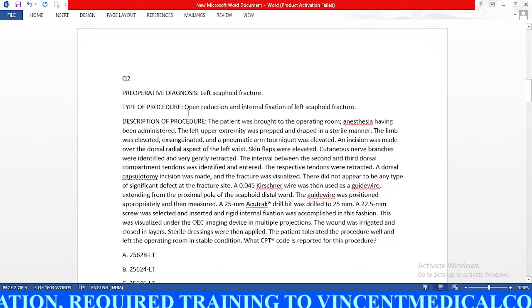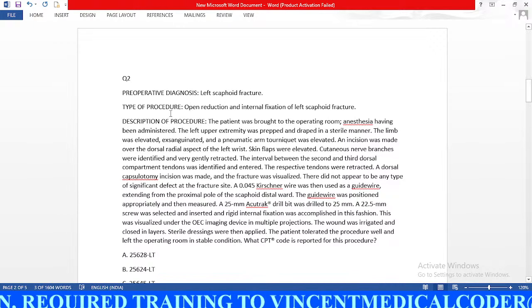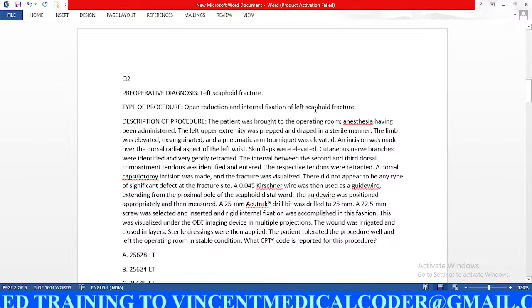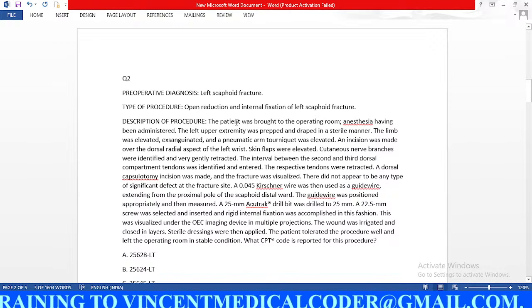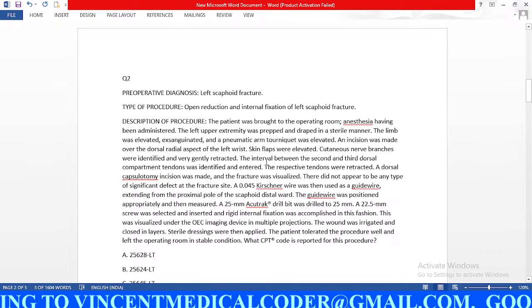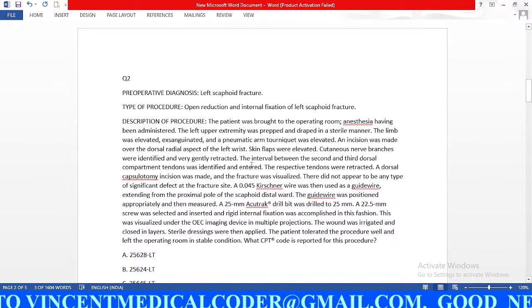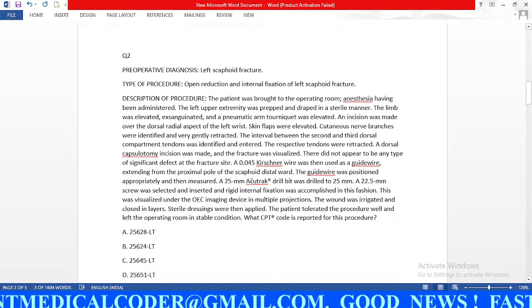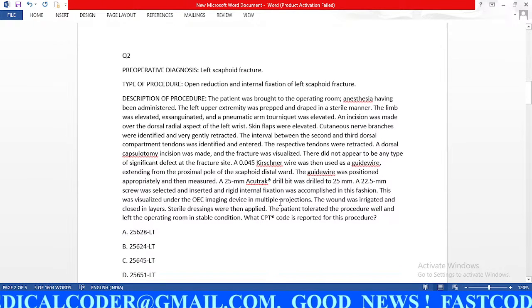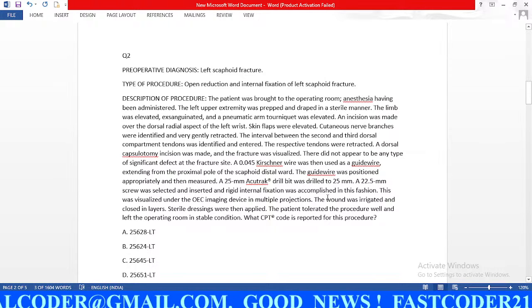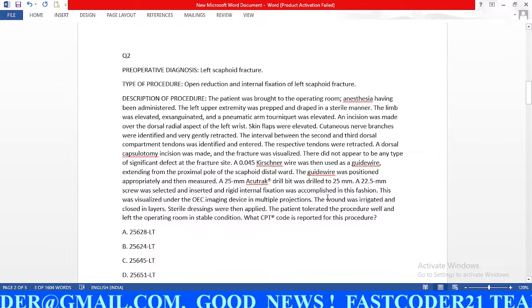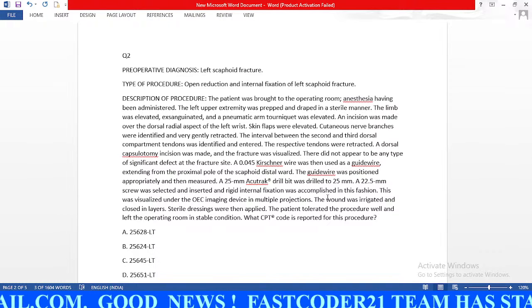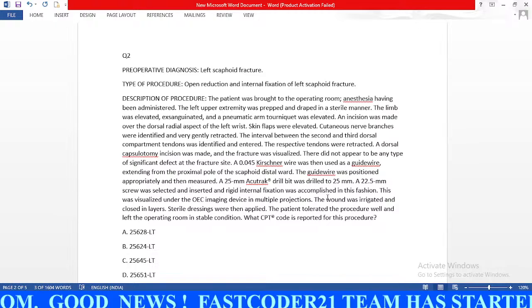Preoperative diagnosis, left scaphoid fracture. Type of procedure, open reduction and internal fixation of left scaphoid fracture. You can read this operative report and find the answer, so that we can check how you find the keywords in the CPC exam or while doing live coding.